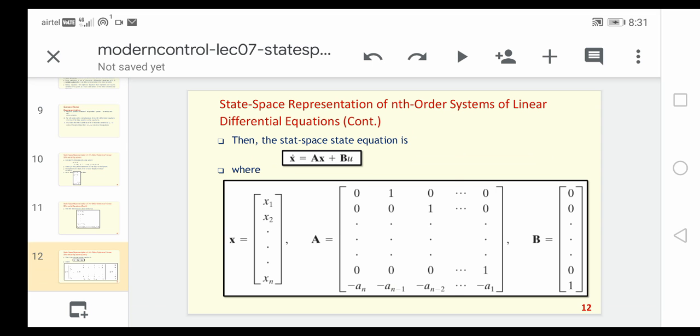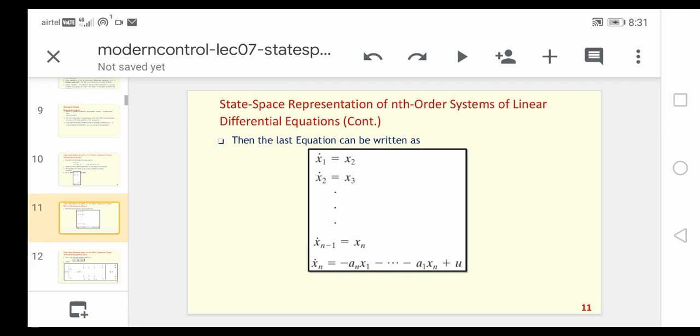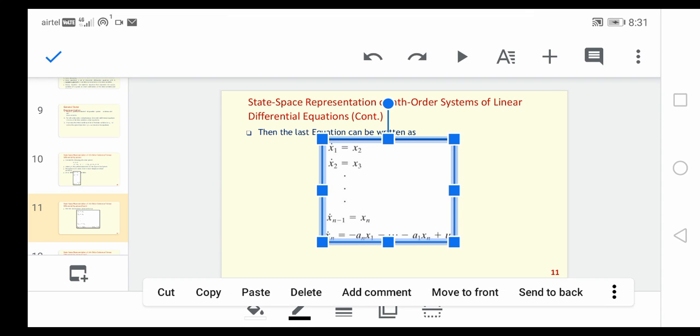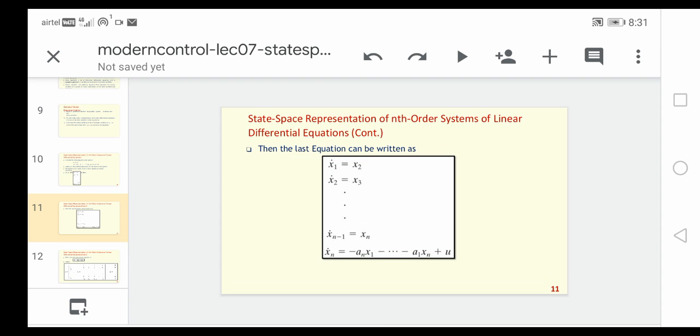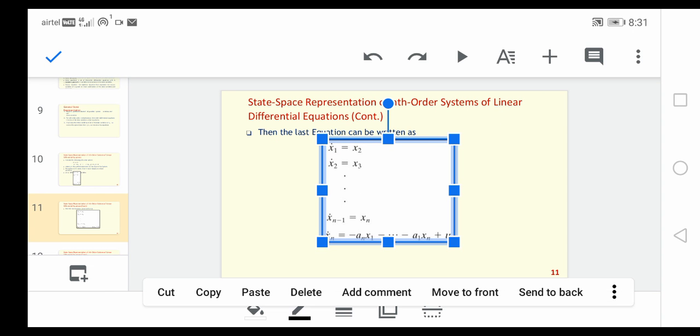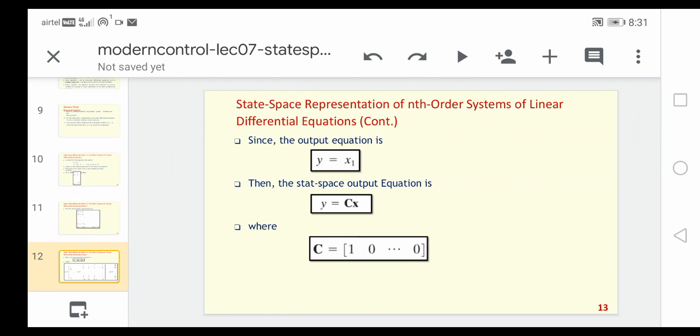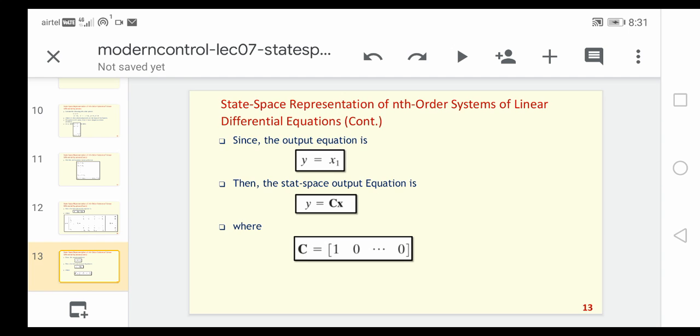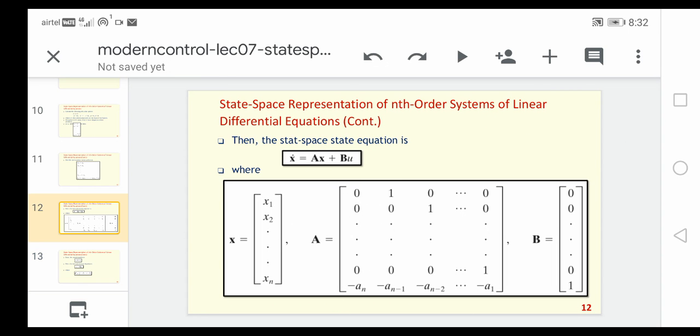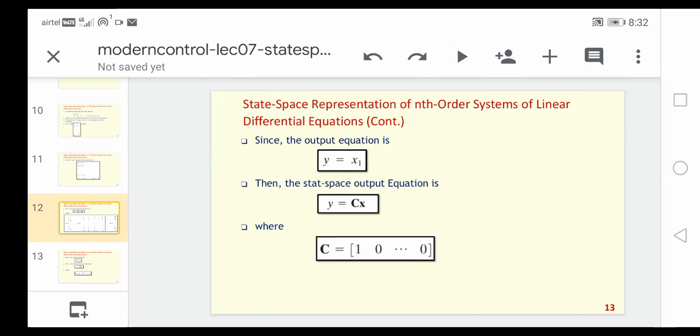The matrices A and B depend upon these equations, that is the x1 dot equation and the x2 dot equation; depending upon these equations only we get the matrices A and B. Similarly, we have written the state equation here, and we have to write the y equation also.